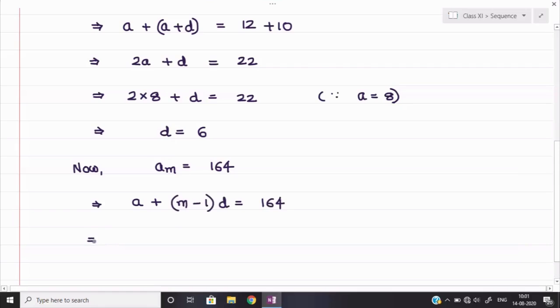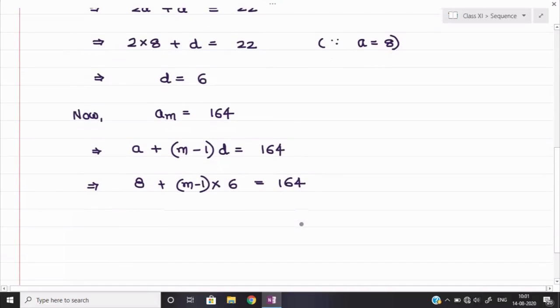Now put in the value of A. The value of A will be 8 plus m minus 1 into D, that will be 6, is equal to 164. Now 8 will go to that side. So m minus 1 into 6 will be equal to 164 minus 8.